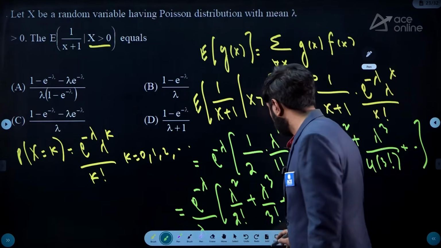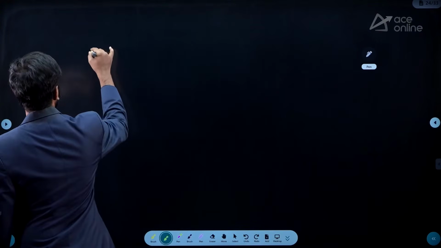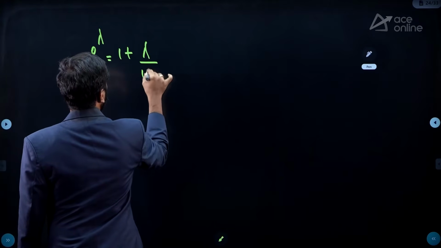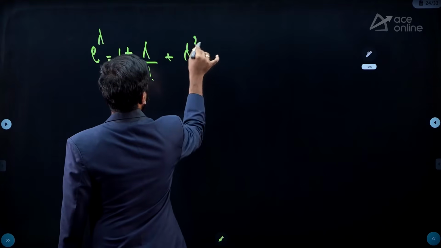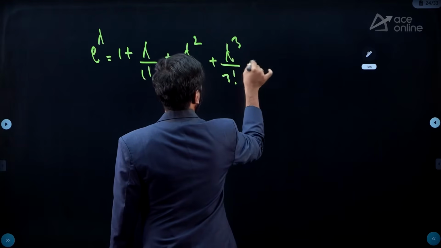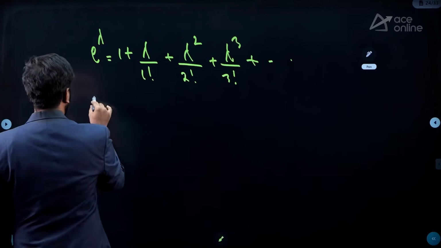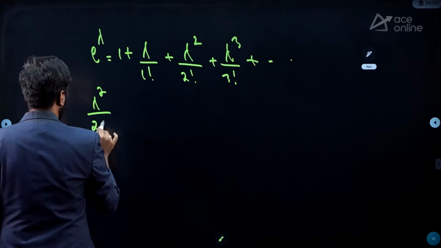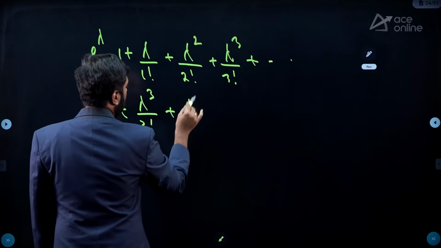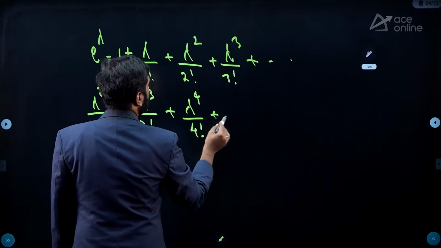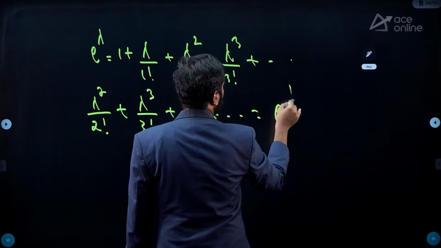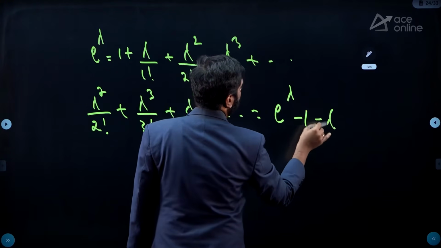So if you look at the e power lambda expansion, it is 1 plus lambda by 1 factorial plus lambda square by 2 factorial, lambda cube by 3 factorial and so on. Suppose I want only lambda square by 2 factorial plus lambda cube by 3 factorial plus lambda power 4 by 4 factorial and so on, then these two terms go to the other side, so it becomes e power lambda minus 1 minus lambda.